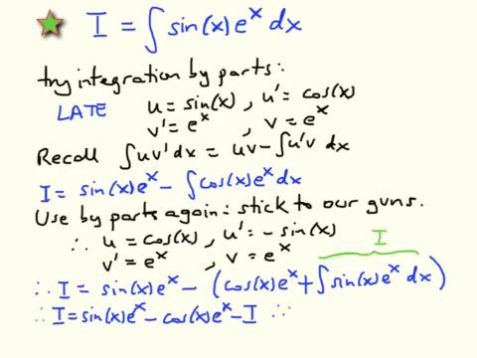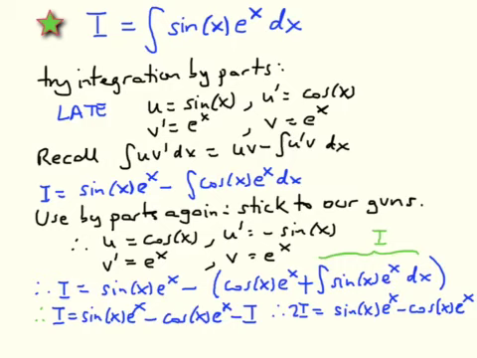So 2I is sine of x e to the x minus cos of x e to the x.